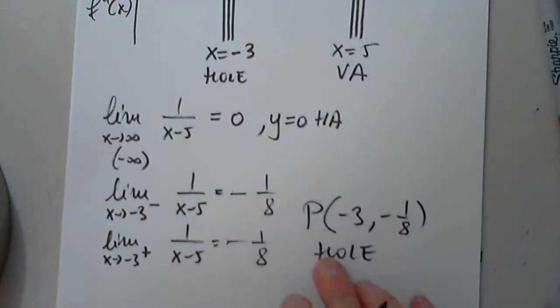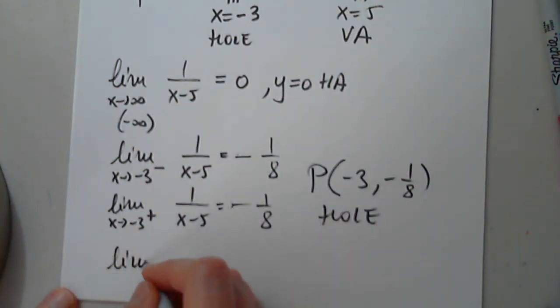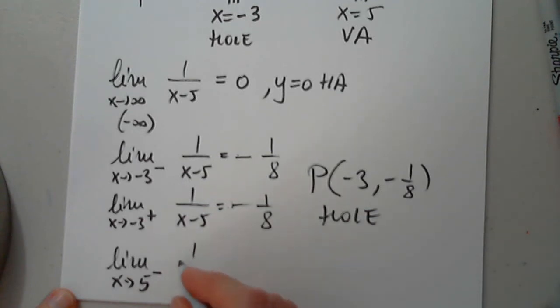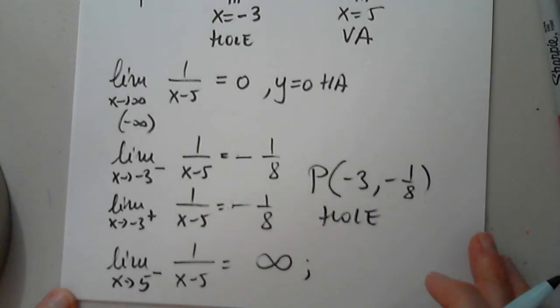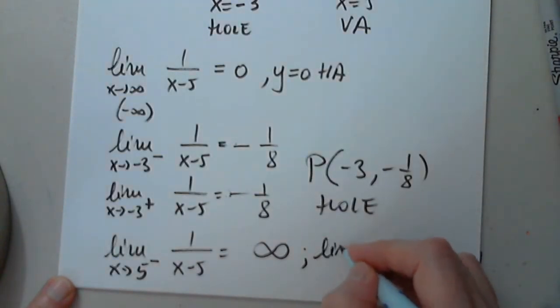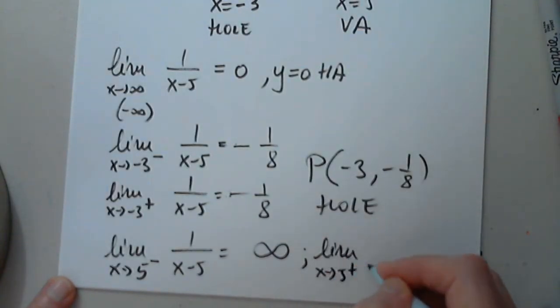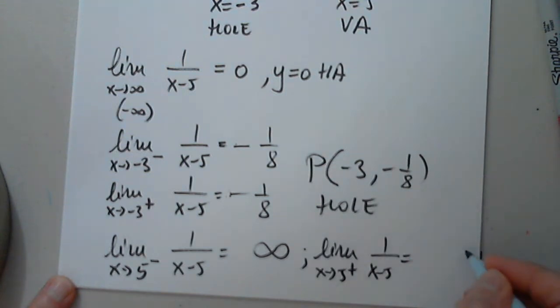Okay, let's determine that. So limit as x approaches 5 from the left of 1 over x minus 5, and you have to say infinity, but you don't know the sign. And the limit as x approaches 5 from the right of 1 over x minus 5, and you have to say infinity, but you have to give me the sign.